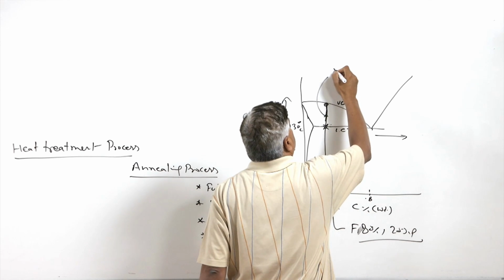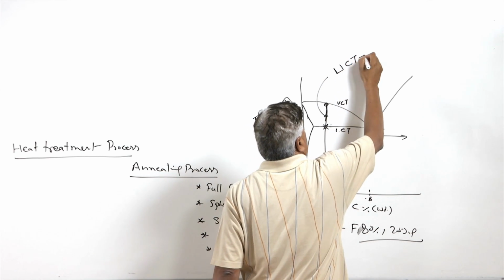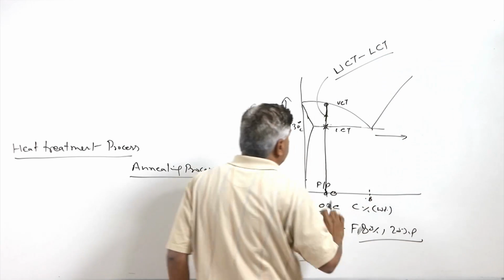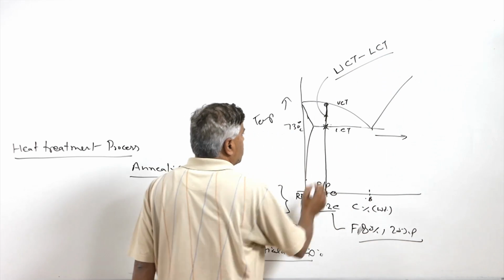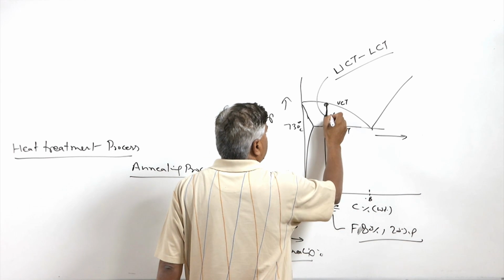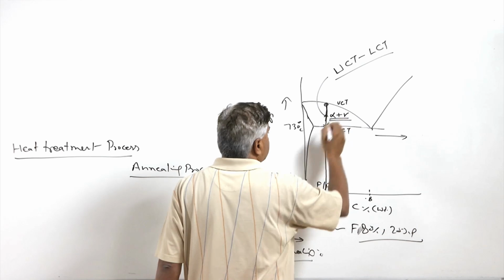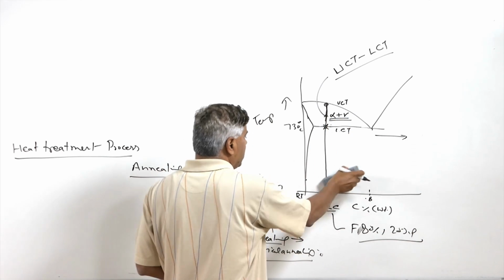So heating is done between the upper critical temperature and the lower critical temperature, so that in this case we will have alpha plus gamma, these two phases, in the steel.